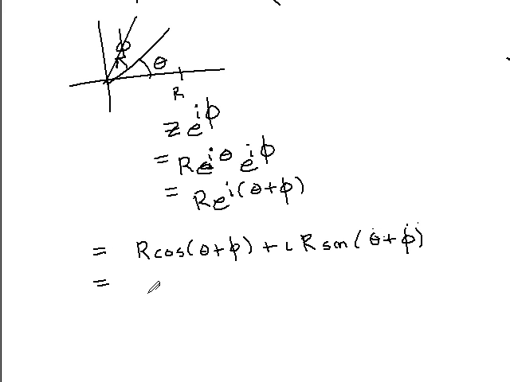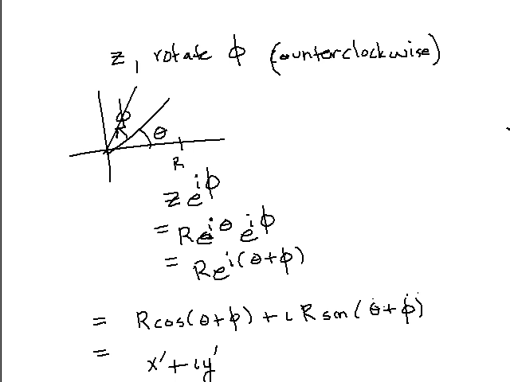So this is a new x prime plus i y prime, and you can find the new coordinates x prime, y prime in terms of the old coordinates x, y just by expansion.